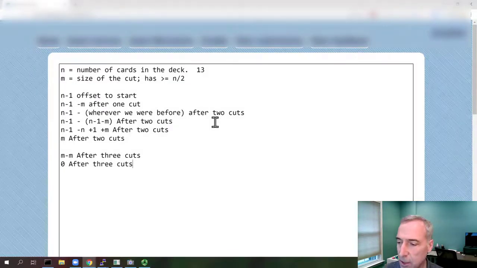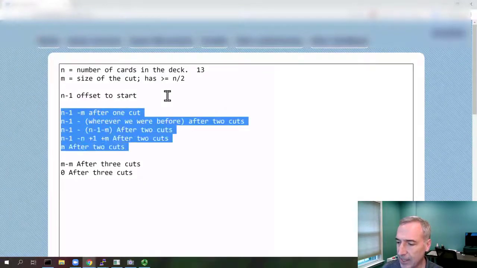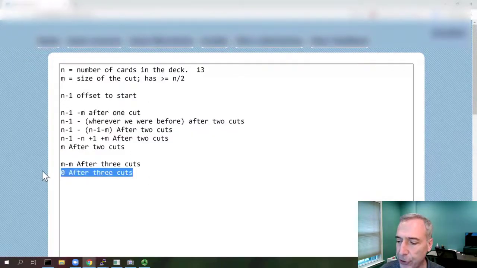The trick was we had to get to this kind of thing where the m is greater than or equal to half of the deck, so that we did this kind of funny math in the middle. But it's guaranteed, no matter what we do, that we're always going to be on the top of the deck.